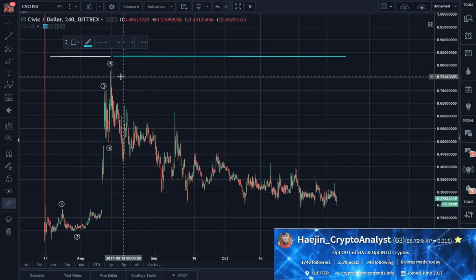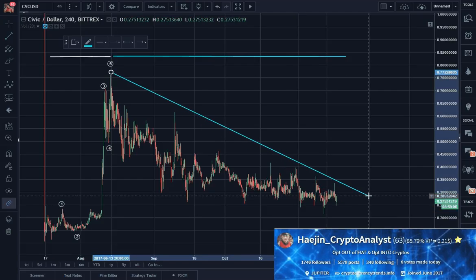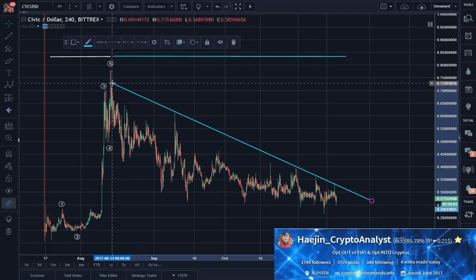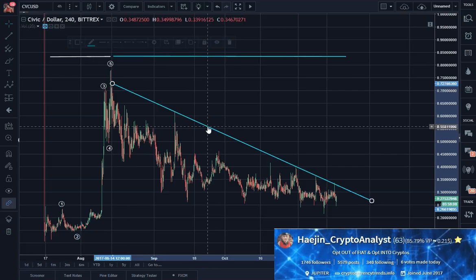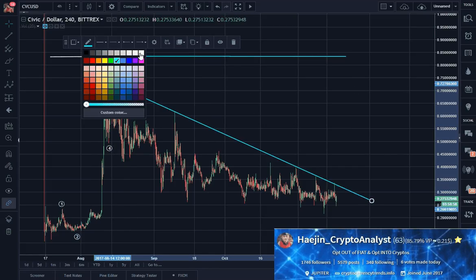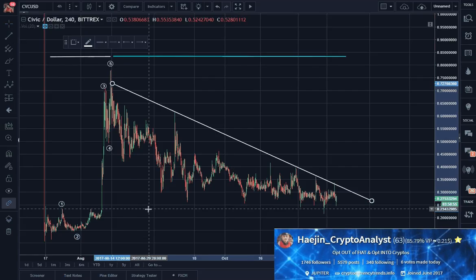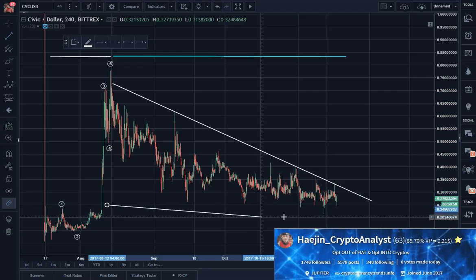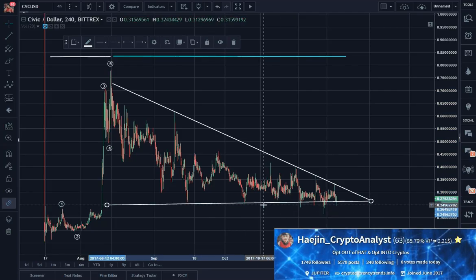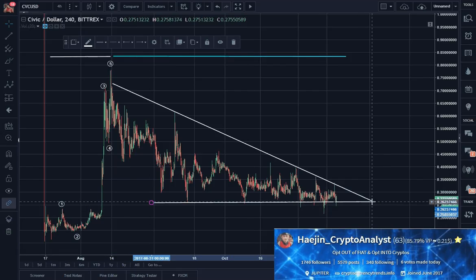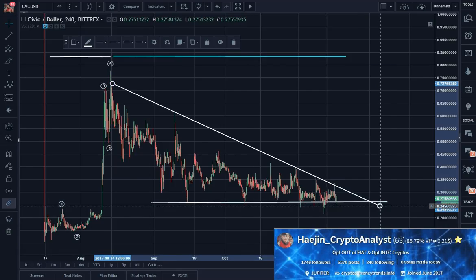So let's draw some lines now. I draw a line across the tops of the price bars. When the two lines intersect, that is called the apex.